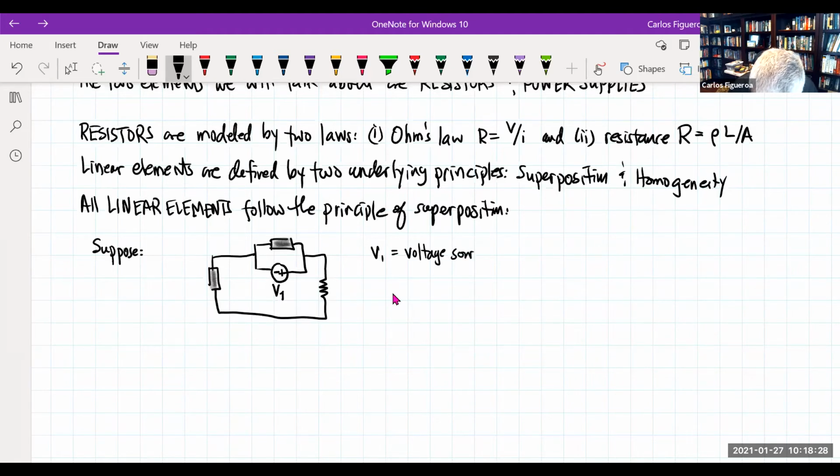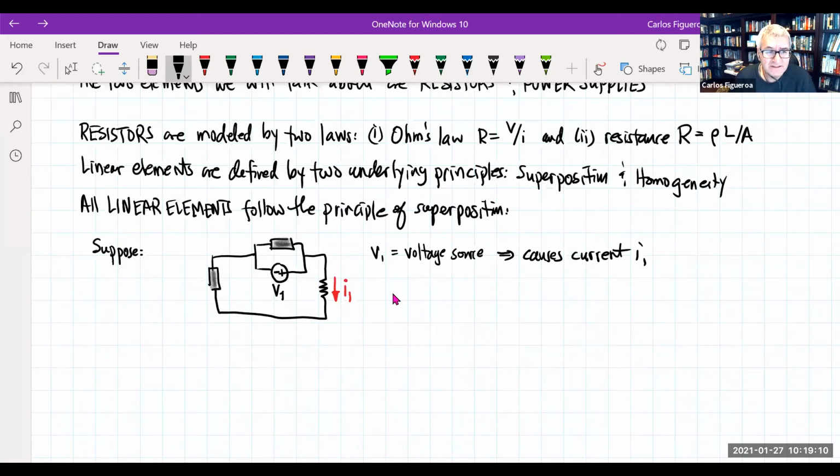Remember what I said: when I say a voltage source, it's a power supply with constant voltage. Because of this voltage source, I'm going to get some current across this resistor, which I'm going to call I1. In other words, voltage source V1 causes current I1 through the resistor. So good so far.